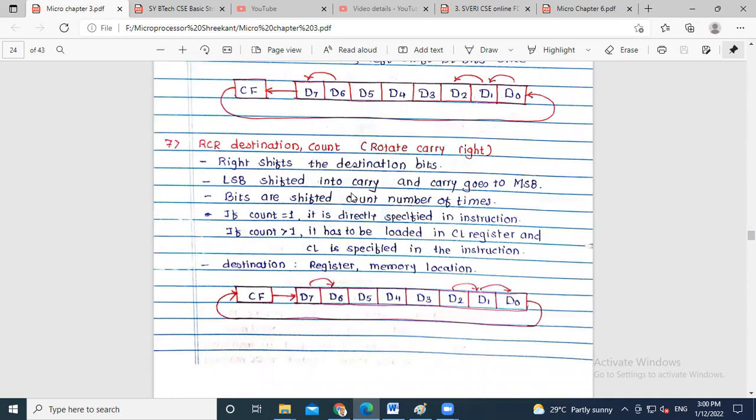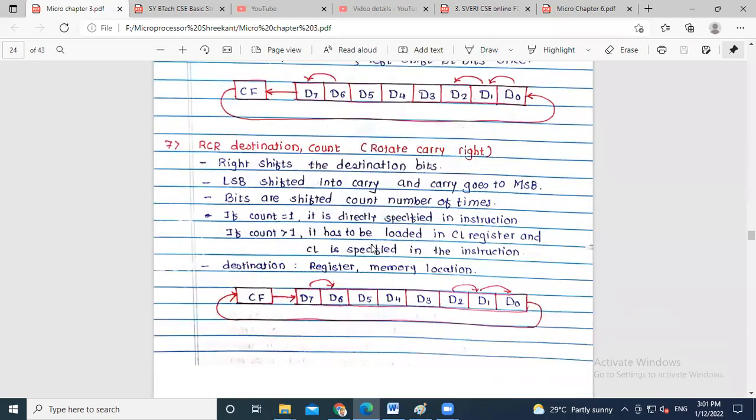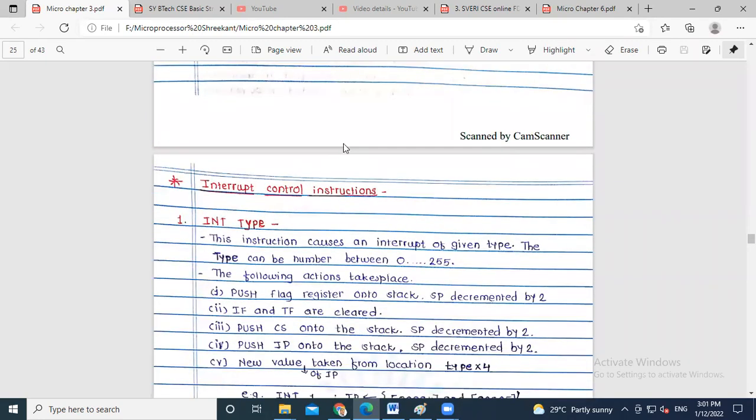Whenever we use all these instructions for the execution of a microprocessor program, at that time you will understand clearly what the purpose of a particular instruction is, why we have to use it and how we have to use it. We will look into all these things in the program sessions.